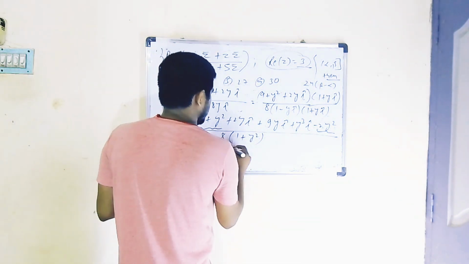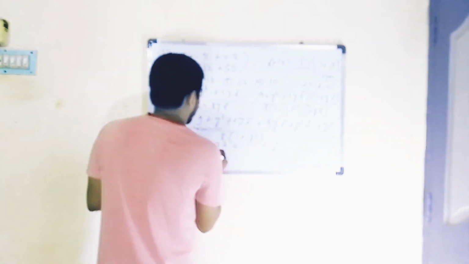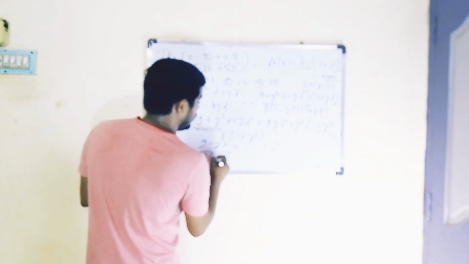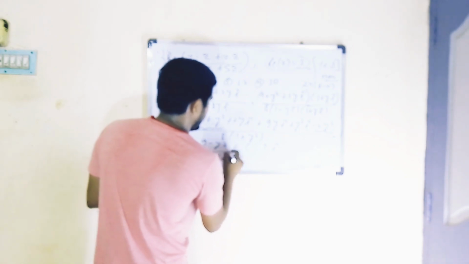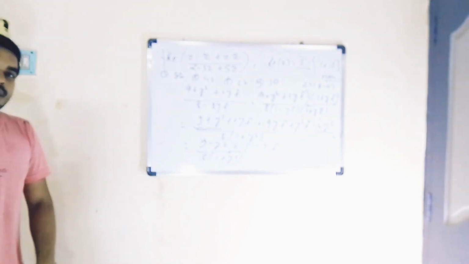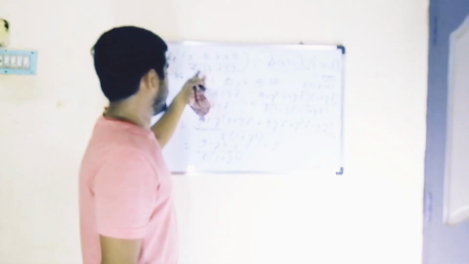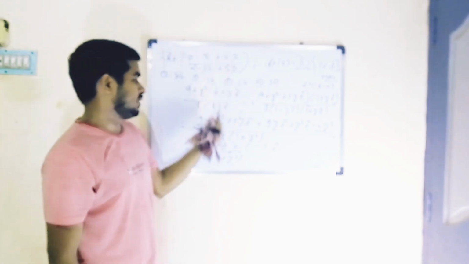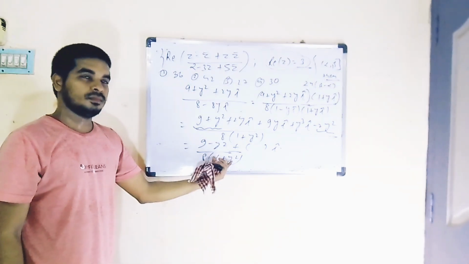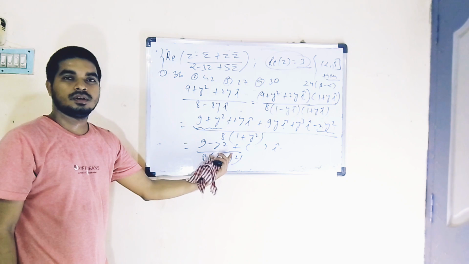So plus something of i, divided by 8 into 1 plus y square. Do you agree? This is the real part. Real part of this. Do you agree?